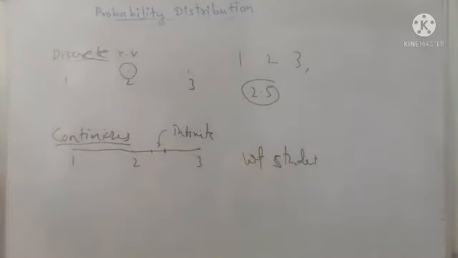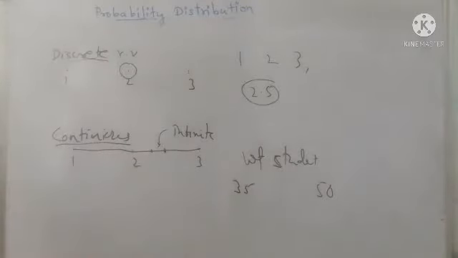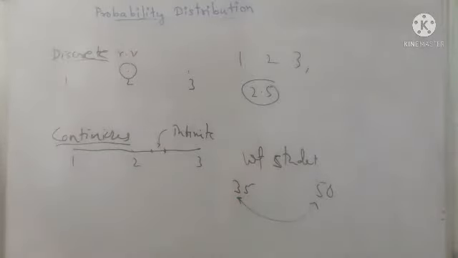If the students have weights between 35 to 50, then any value between these is the weight of some student. No one can say that all students have an integer value of weight.